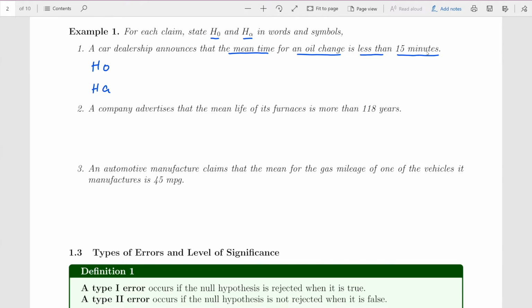The claim is the mean time of an oil change, the population mean, is less than 15. I know that mu less than 15 is the alternative hypothesis because it does not contain the equality. Once I figure this out, I can figure out the null hypothesis, which is the opposite of the alternative hypothesis.